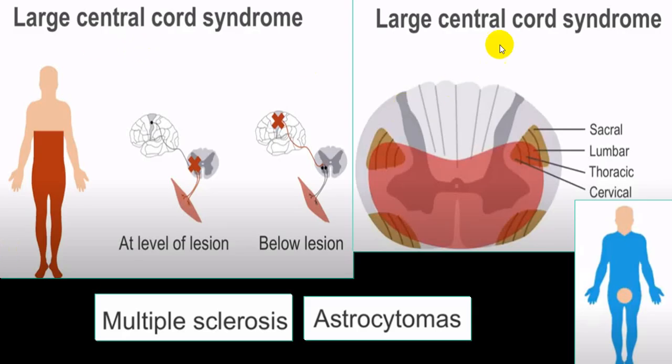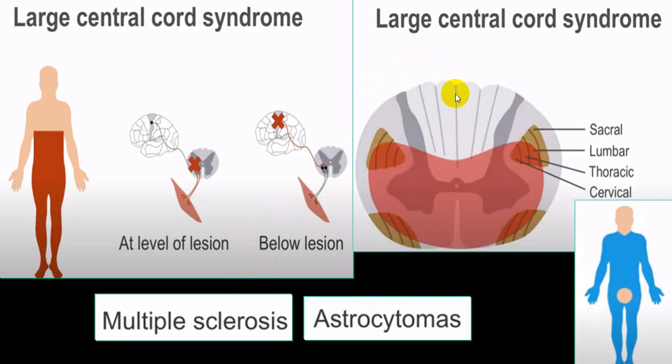When a central canal lesion enlarges, we call it large central cord syndrome, which will damage the lateral spinothalamic as well as anterior spinothalamic tracts, and at the level you will have a lower motor neuron lesion, and below the level, because of involvement of the corticospinal tract, you will have an upper motor neuron lesion. Such findings are more common with multiple sclerosis and astrocytomas, which can expand very much.